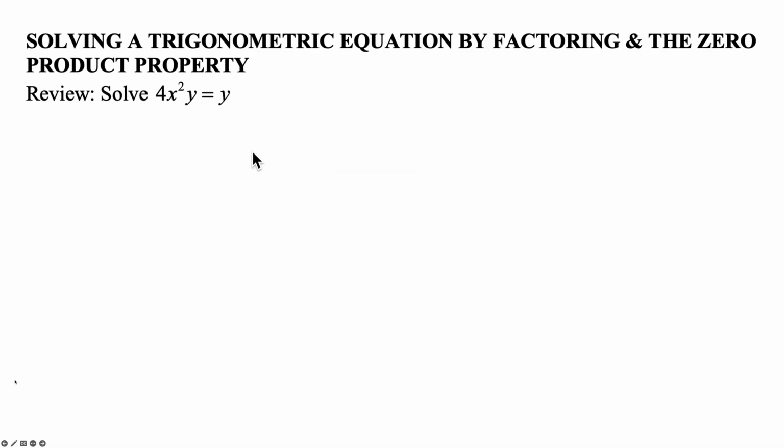The other type we're going to look at are factoring and the zero product rule. This is really important because there will be trig functions where you have two different trig functions in an equation. So for example, if we were asked to solve, didn't say for x, didn't say for y, you have to solve for both y and x.